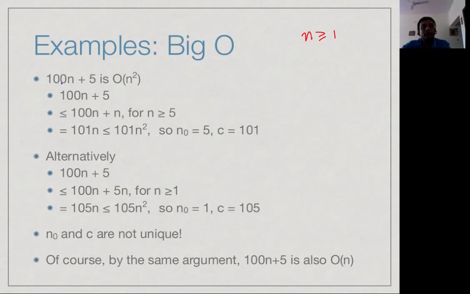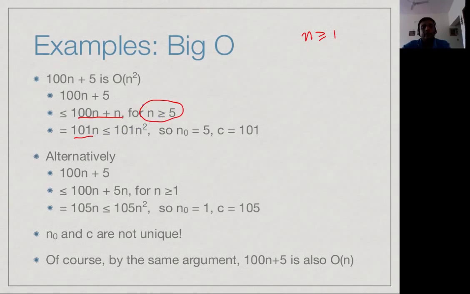So if we now start with our function 100n plus 5, then if we choose n to be bigger than 5, then n will be bigger than this value. So we can say 100n plus 5 is smaller than or equal to 100n plus n. And now we can collapse this as 101n. So 100n plus 5 is smaller than 101n provided n is bigger than or equal to 5.